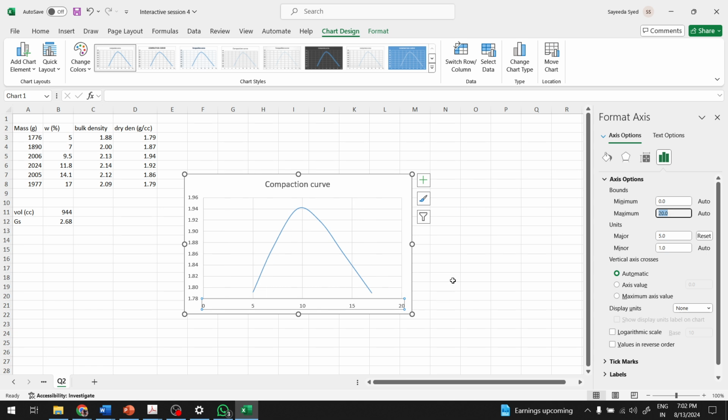Okay, and let's take on this axis major as 0.5, and let's take this from 1.7 to 1.95.